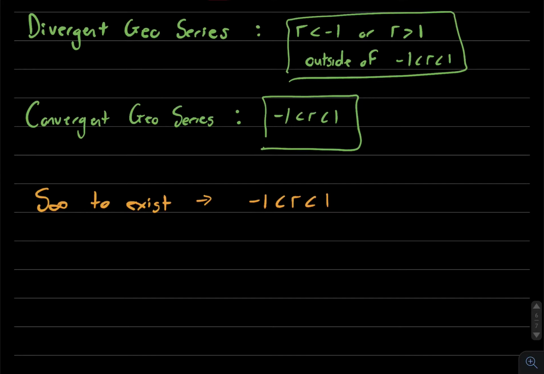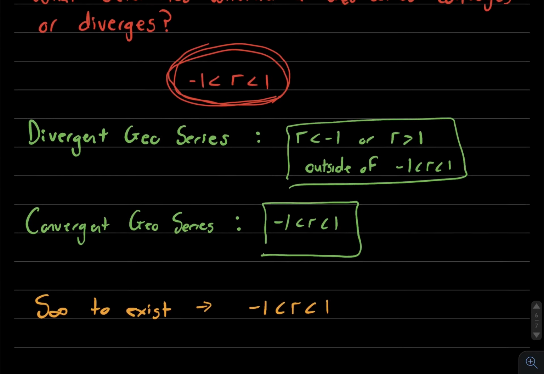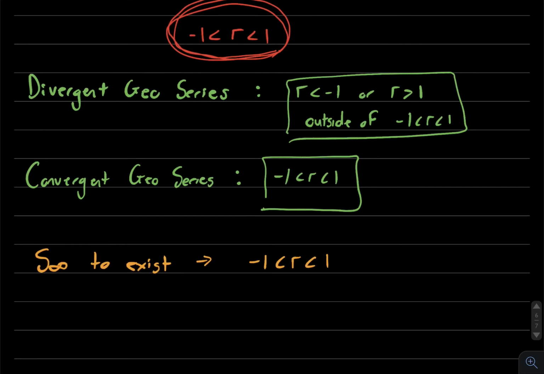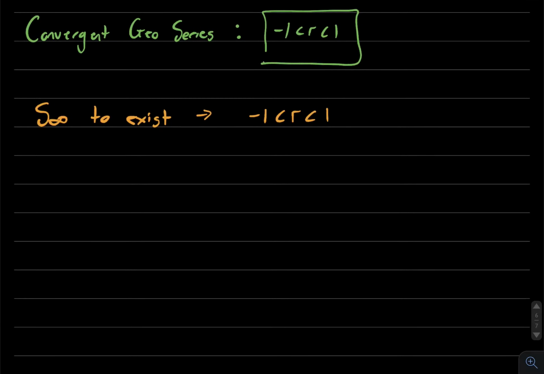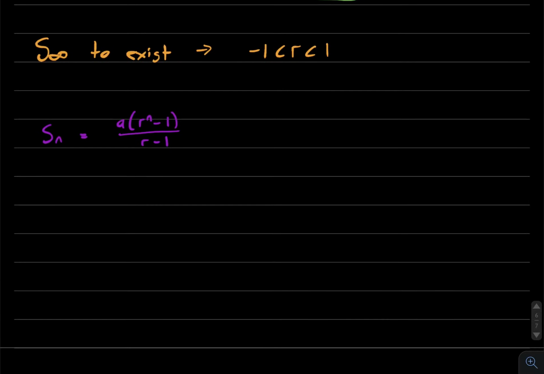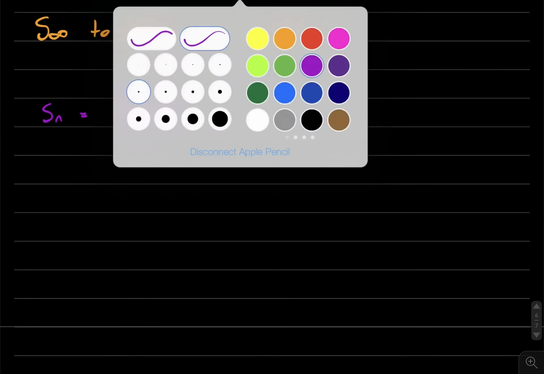So do you think it would be possible for us to come up with the formula for the sum to infinity, for adding up all of this infinite number of terms? And the answer is yes, as long as the series is convergent. Okay, so let's see how we would do that in the first place. So we know that Sn is equal to a over r to the power n minus 1 over r minus 1. Okay, so let's look at this.